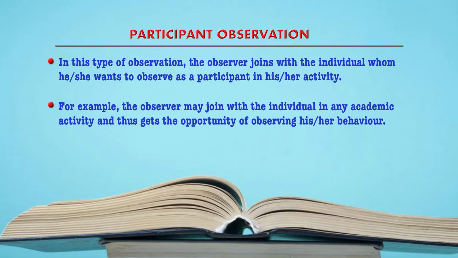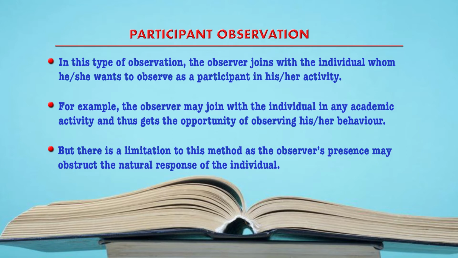For example, the observer may join the individual in an academic activity and thus gets an opportunity to come closer to the person he wants to observe and observe that person's behavior. But again, there is a limitation to this method, as the observer's presence may obstruct the natural response of the individual, isn't it? He can become a barrier, because of which the individual may not execute the natural behavior he actually possesses.